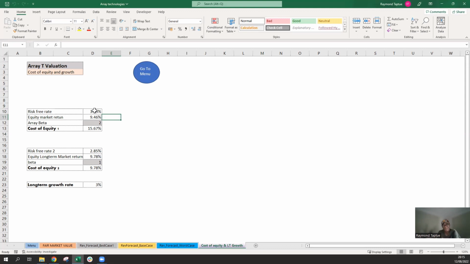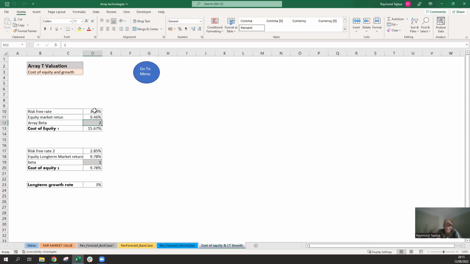For instance, I evaluated the performance of NASDAQ after 2021 and after 2028, and I found 9.46% as representative of what we can expect from 2022 to 2030.